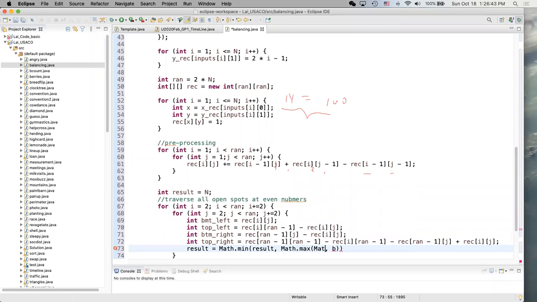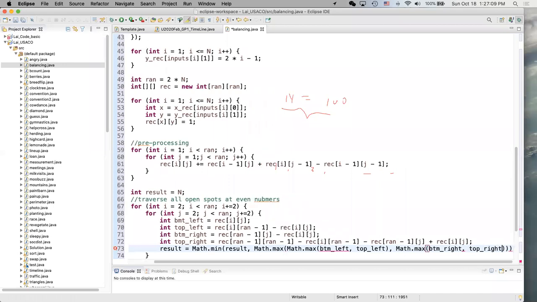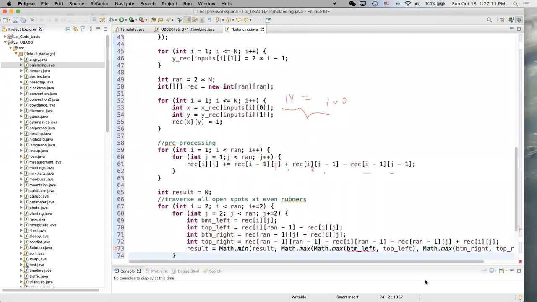You don't have to write into one lines, just making sure it's clear. Bottom left and top left, and for this one math maximum, bottom left, top left, and bottom right, and top right. Okay.